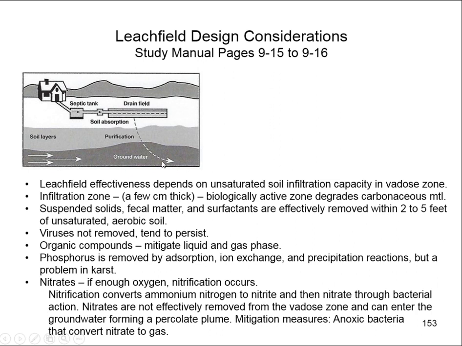And the nitrates are not removed. And so what we have to do is mitigate against that. And we do that by a particular kind of bacteria that can convert the nitrate plume into gas that can be removed.